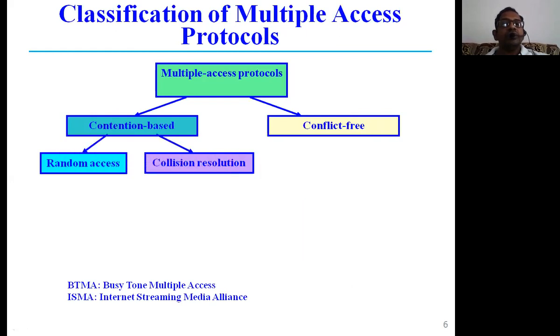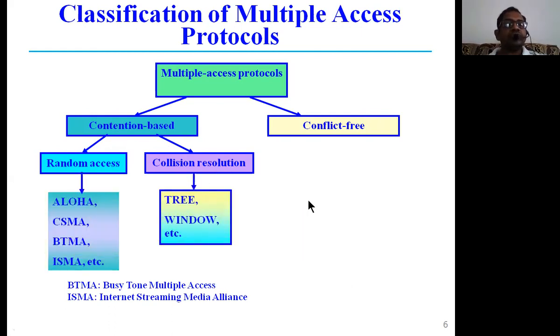In the case of multiple access protocols, the classification is, as we said earlier, contention based type and conflict free type. In the case of contention based type, we have random access protocols and collision resolution protocols.